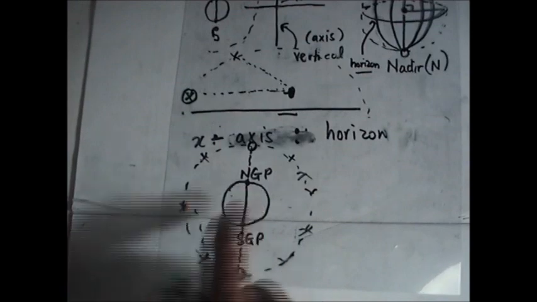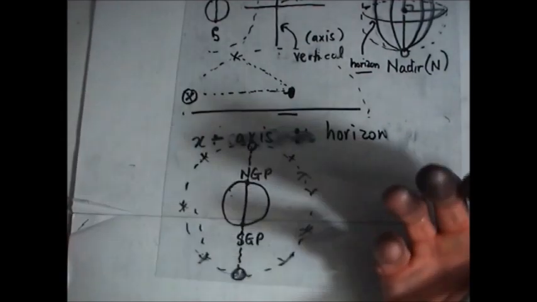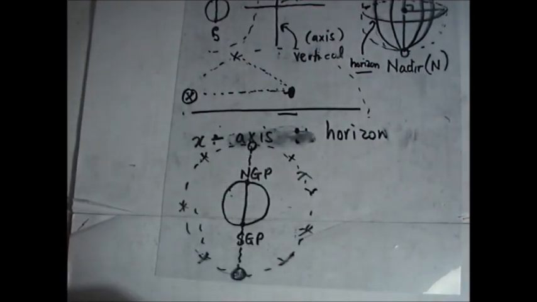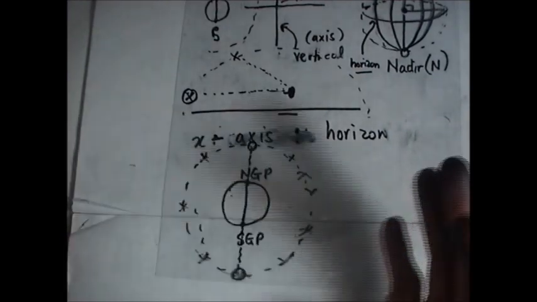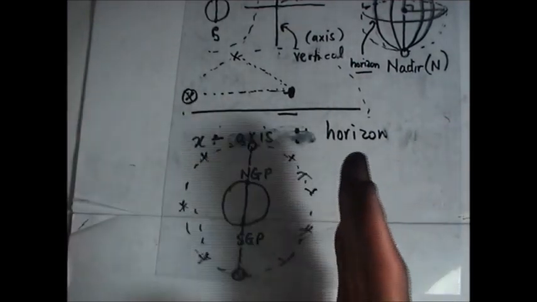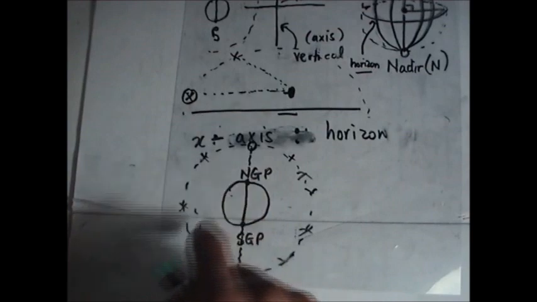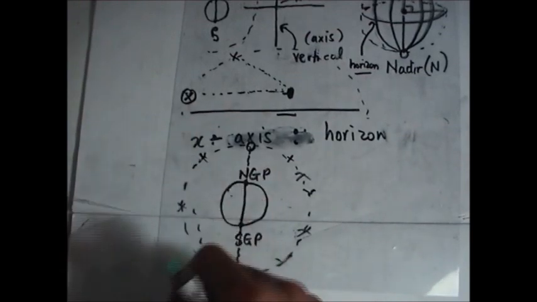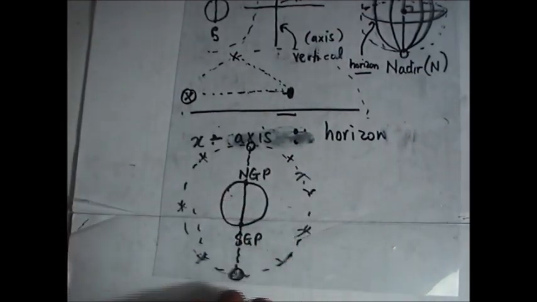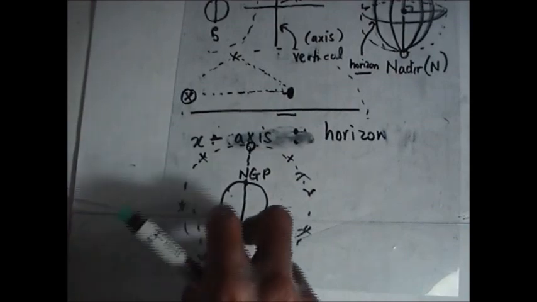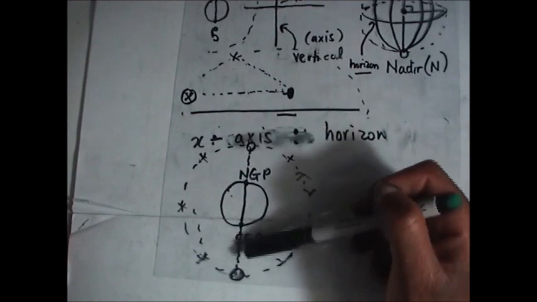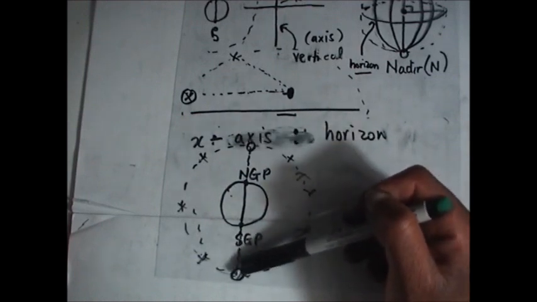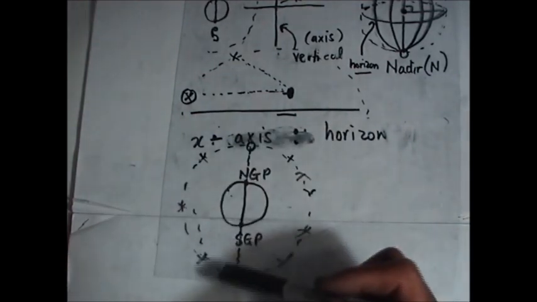Unless, when they talk about 2012, that movie where they said the North geographical pole is going to move, but let's get rid of all those complications. The Earth is rigid, so the North geographical pole will be at the same point, and our south geographical pole is just going to be at the same point. Whatever we extend there is going to touch the same point and remain fixed.